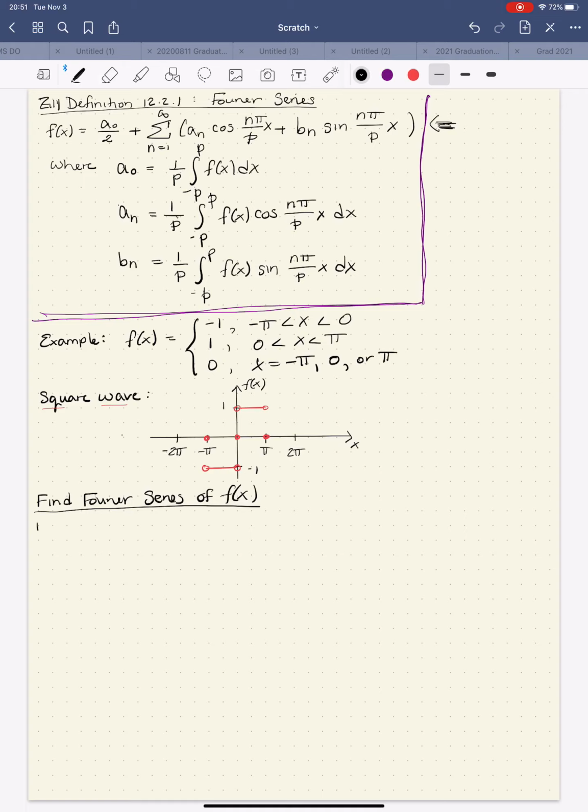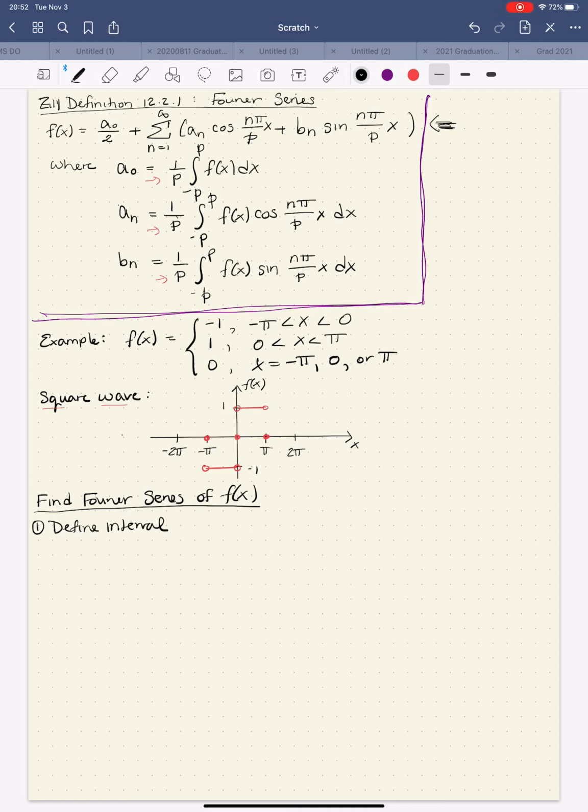Step 1 is to define our interval. What we're interested in is figuring out the value of p. This p that shows up in the formula everywhere is effectively half the interval length.